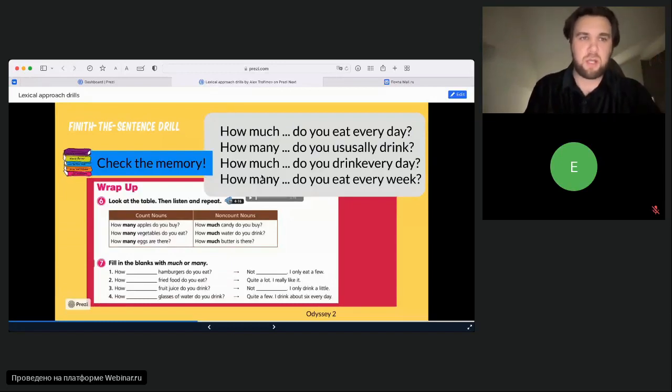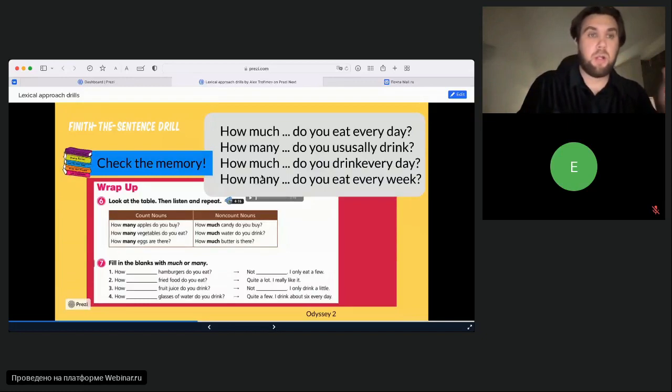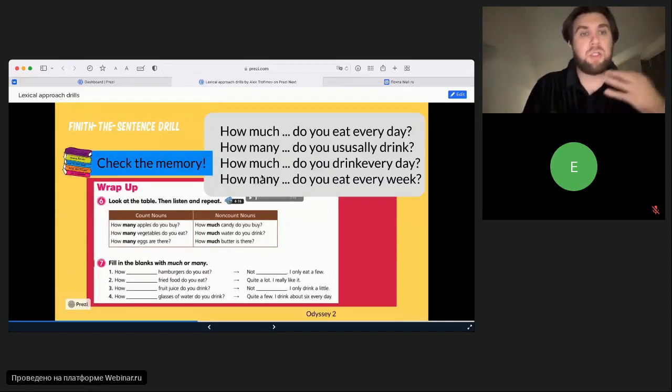The other student answers with a full answer, seriously, right? I eat a lot of sugar every day, or I don't eat a lot of sugar every day, or at least, okay, if they're really low level, much or a lot or something like that, right?